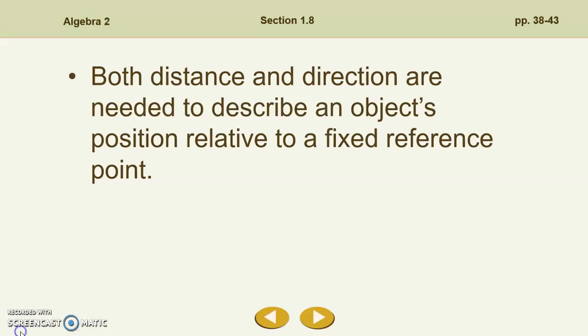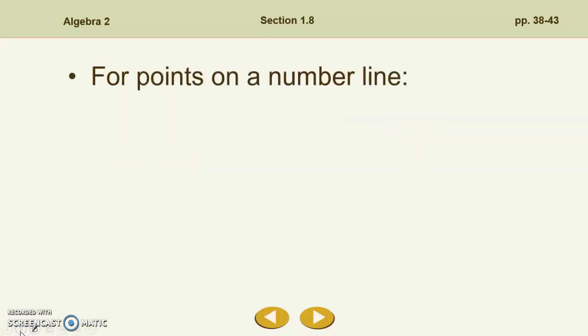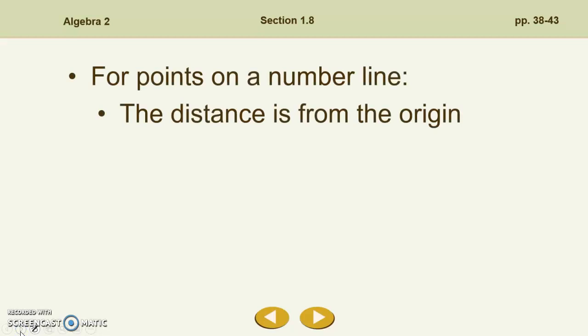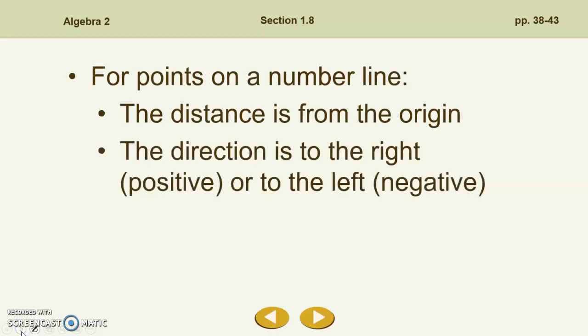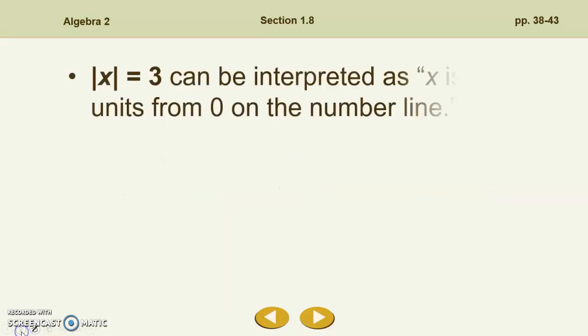We've got to have a starting point, and on our number line, that starting point is 0, or the origin. The distance is from the origin, and our direction is not north, south, east, or west, but to the right, where positive values move us, or to the left, where negative values move us. Those are the only two directions on the number line, and they all start from the origin.